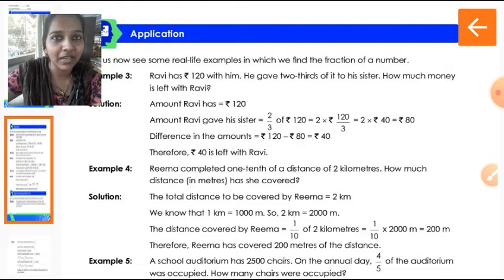The total amount was 120 and 80 he gave to his sister. So you can subtract 80 from 120. Then you will get the answer 40. Therefore rupees 40 is left with Ravi.